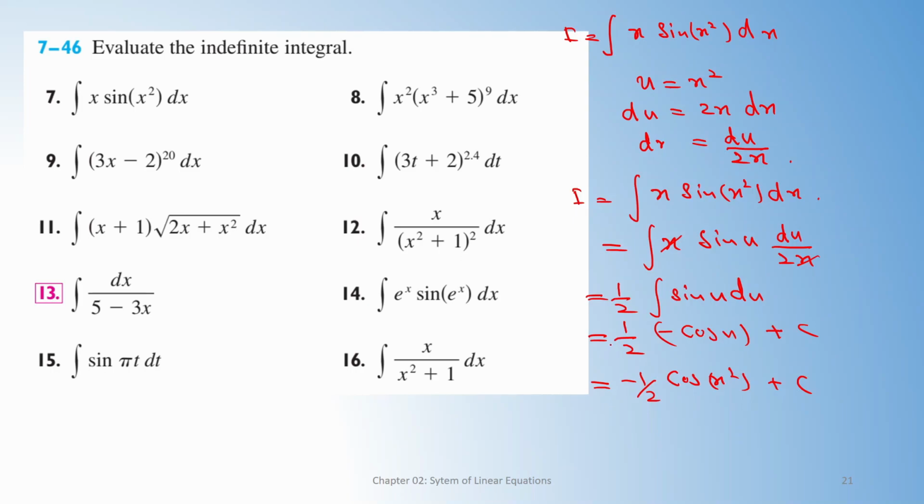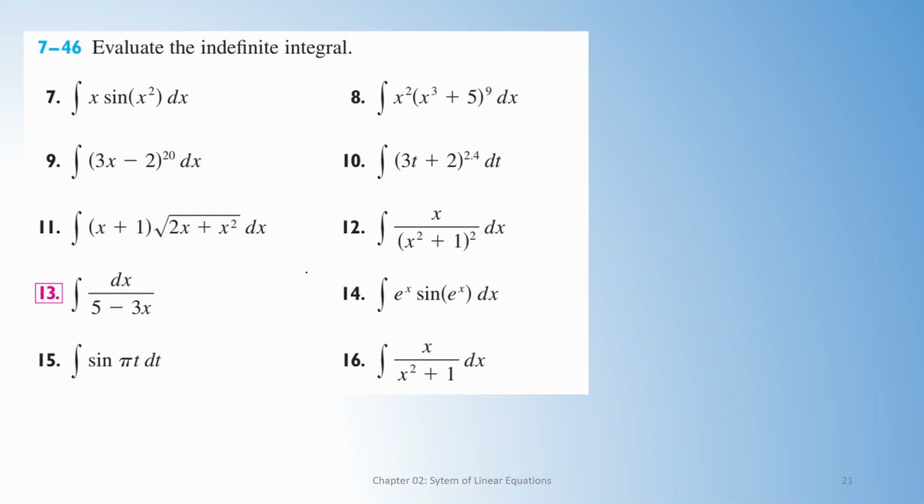After integrating, you have to substitute u back. Okay. So here I will write down the u substitute x cubed plus 5. And here the corresponding substitute is 3x minus 2. Here 3t plus 2. So I will do this one.